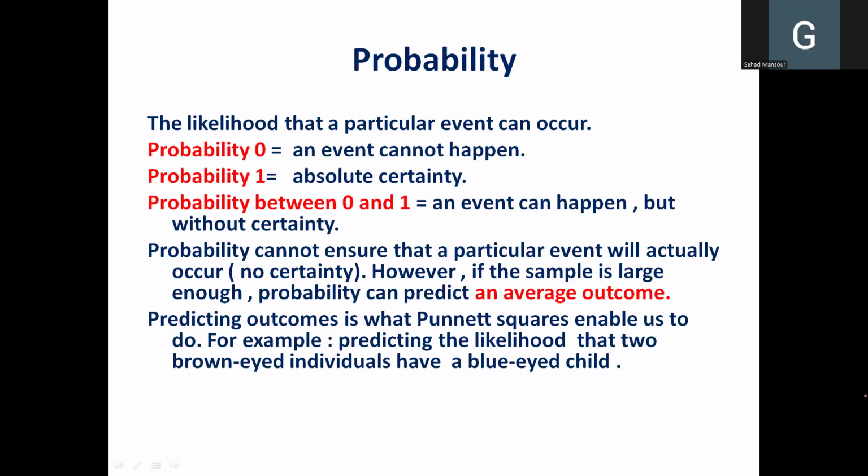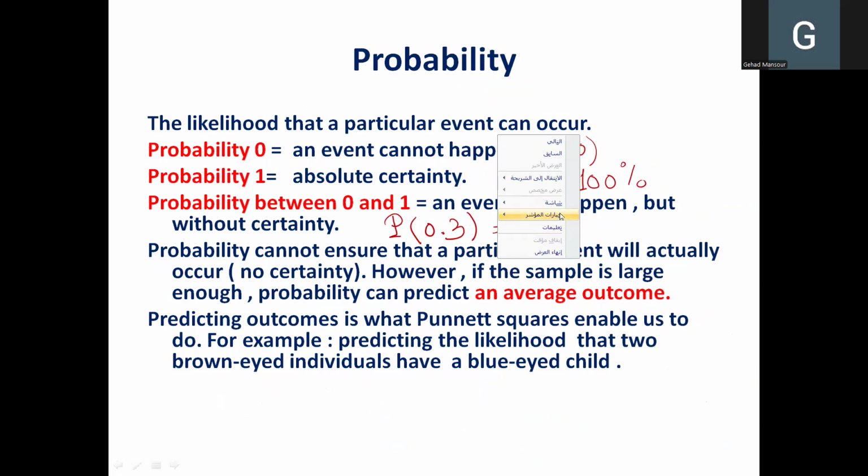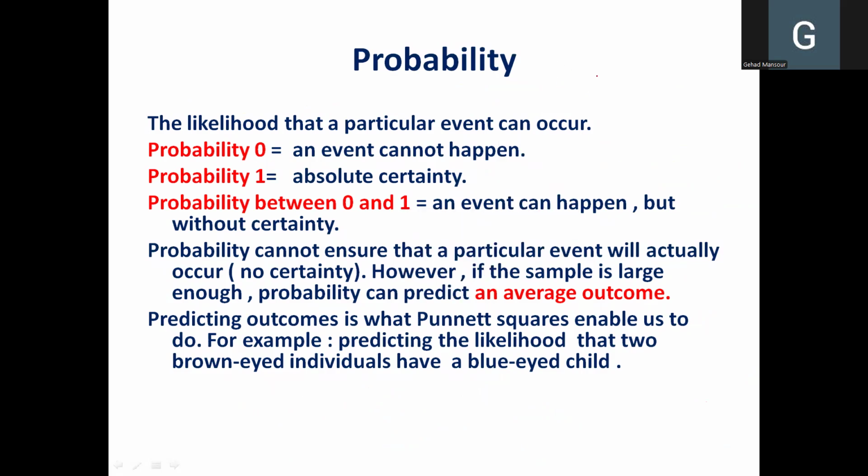If we return to this slide, in general there is a 50% probability that the couple gets a boy, and a 50% probability that they get a girl.